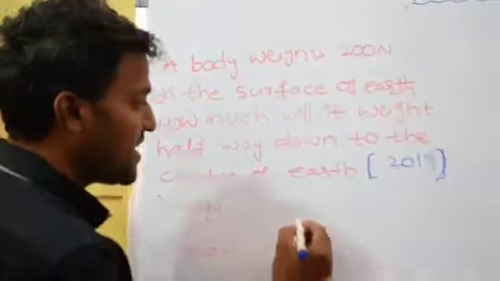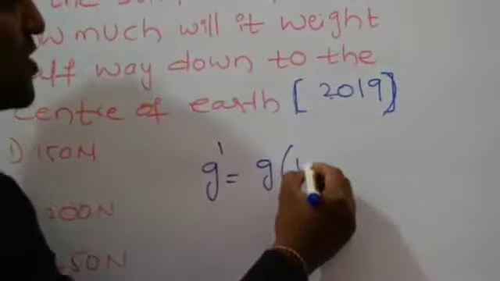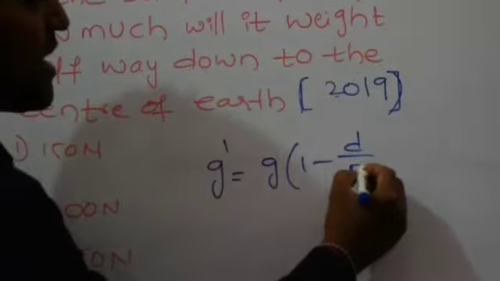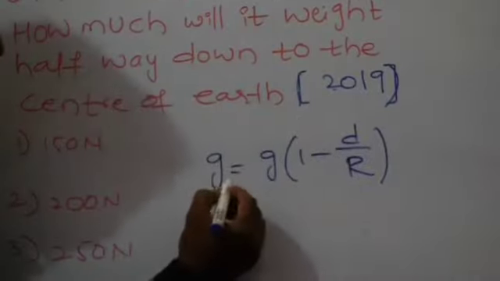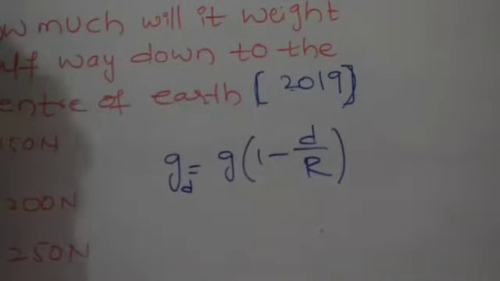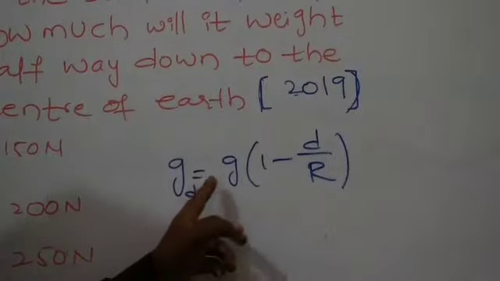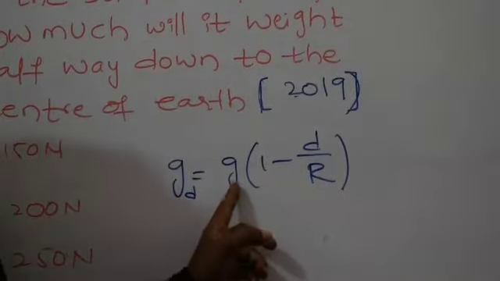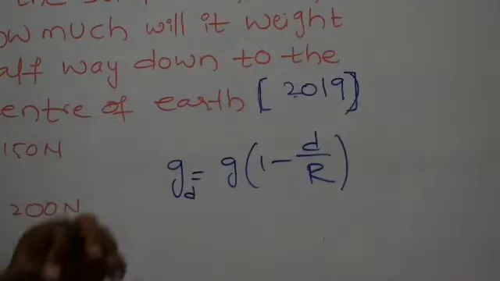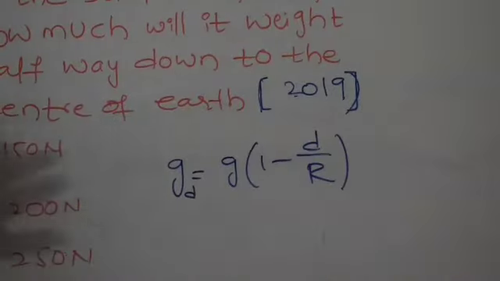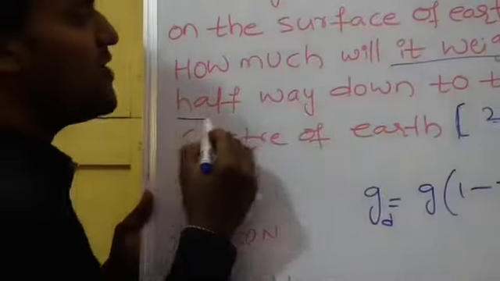We know the formula: G dash is equal to G into 1 minus d by R. This is the gravity equation. Otherwise, you can write gravity at a depth d, Gd, is equal to G into 1 minus d by R. What is d here? In this problem they mention the weight halfway down.